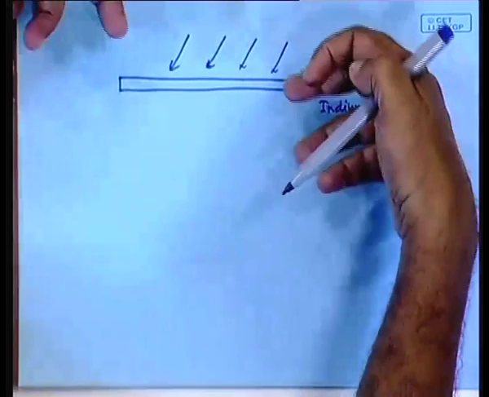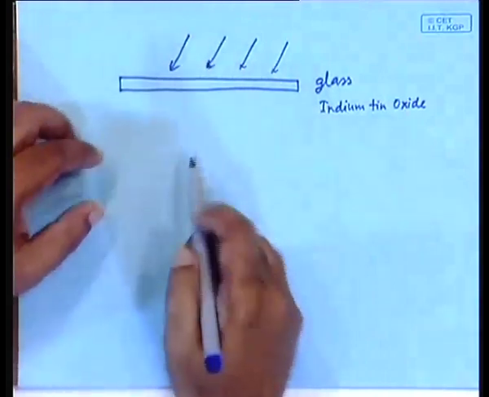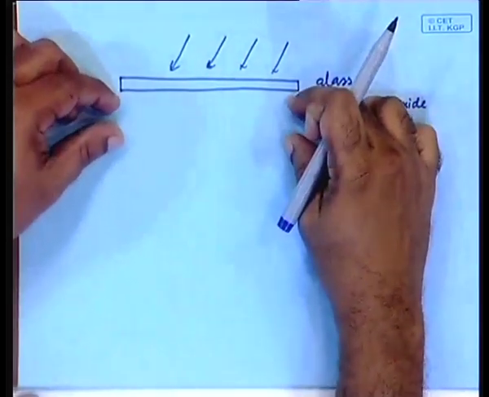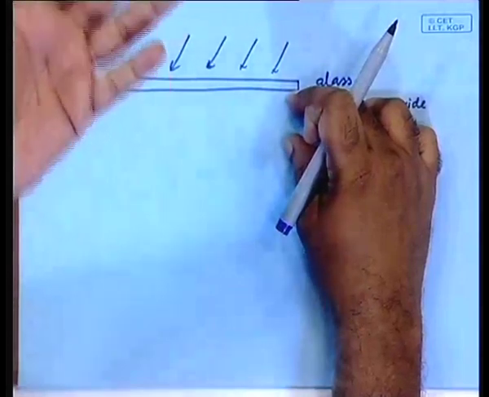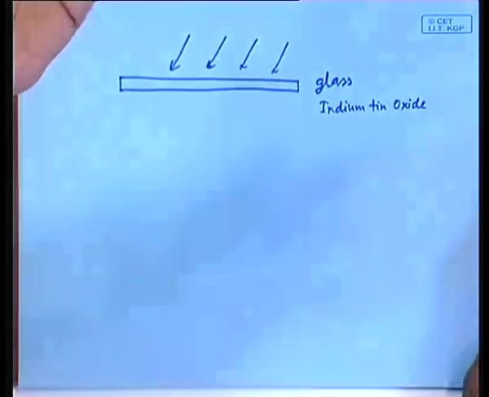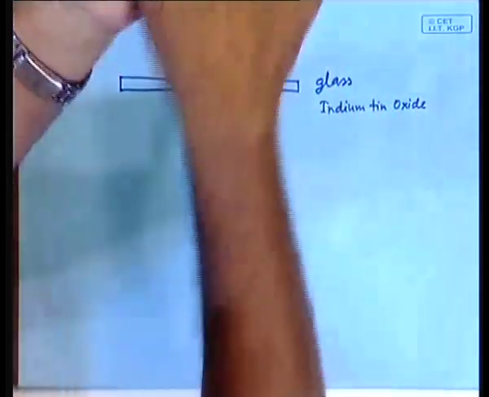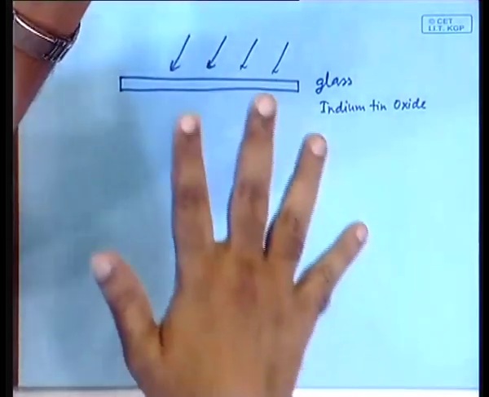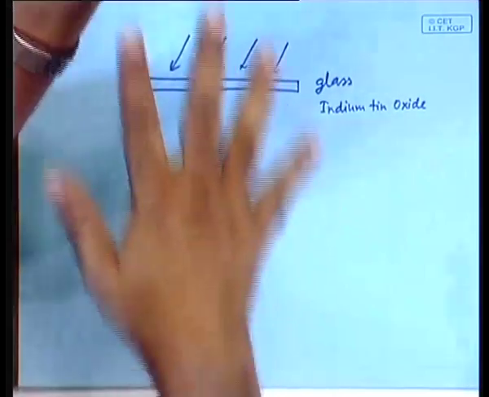Okay, here is the glass, but after all the solar cell is here. So, what has to be at the top surface? In a normal single crystal solar cell, what is there at the top surface? You have to collect the charge, and the collection of the charge is done by means of the metal fingers. In this case, can you do that? No, you cannot do that.